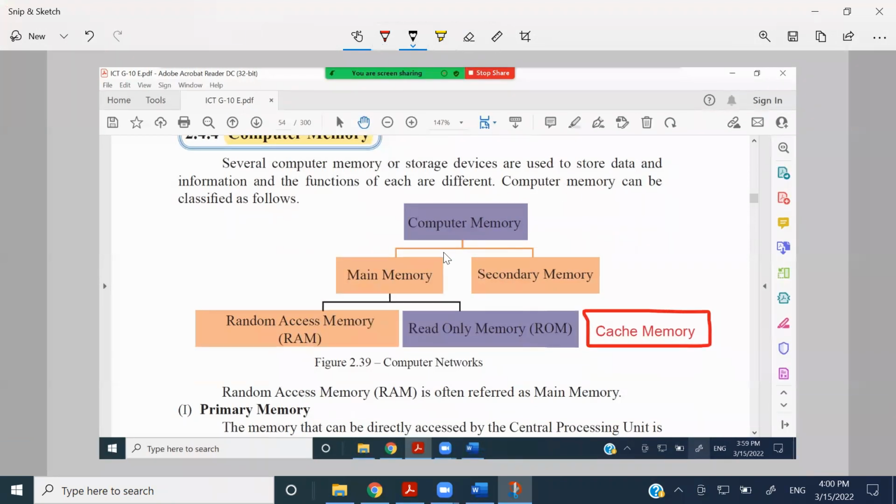So you can have it as the third branch on the main memory, right? So have it like this, people. So computer memory will be the heading.